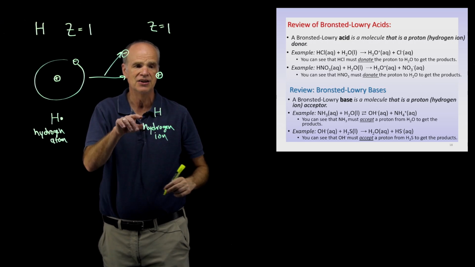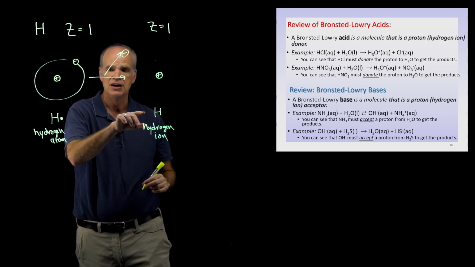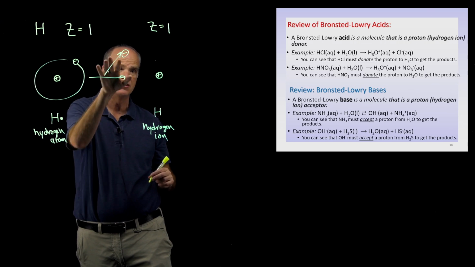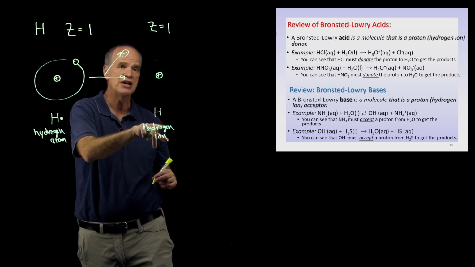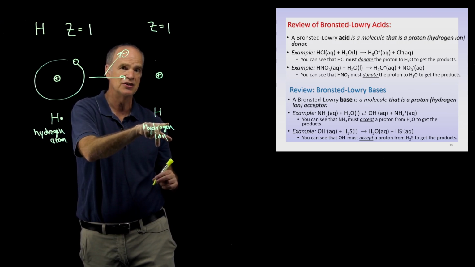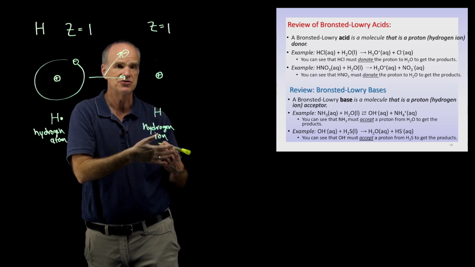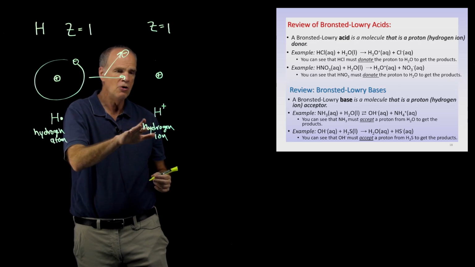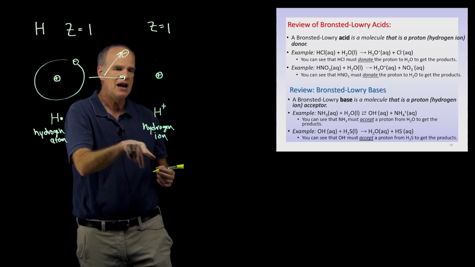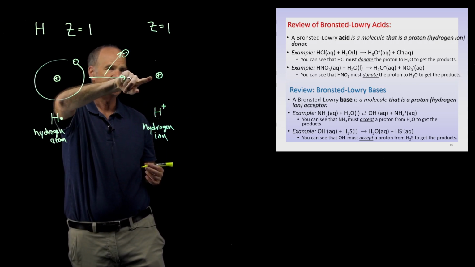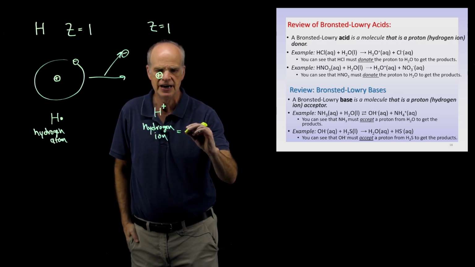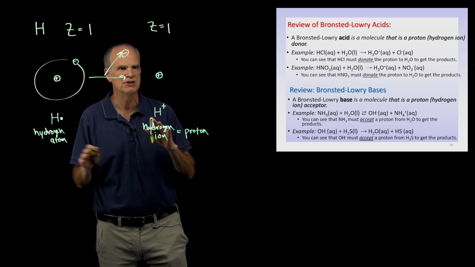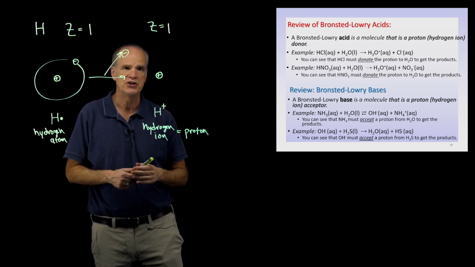To remind us that this is an ion, since it has lost that electron, the hydrogen ion has one less electron than normal, and so it has an extra positive charge due to the proton. So we put a plus here. What I'm hoping you can see is that the hydrogen ion is just the proton. So a hydrogen ion is a proton. Keep that in mind when I go through the description of Bronsted acids and bases.